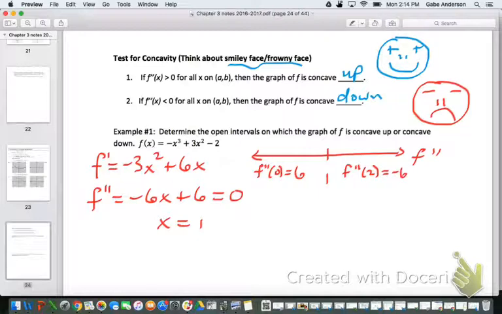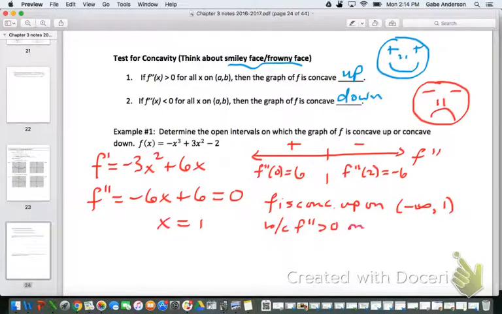So over here, f double prime is positive, and over here on the right, f double prime is negative. So what I can then do is say confidently that f is concave up on the interval negative infinity to 1 because f double prime is positive on that interval.